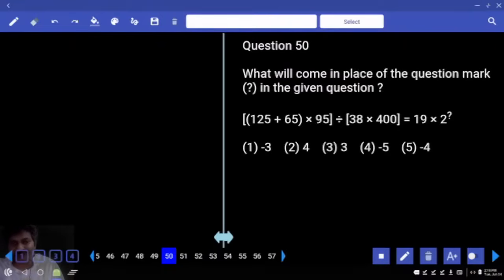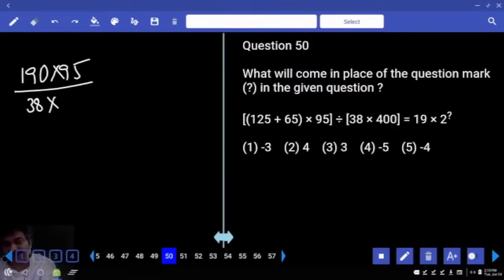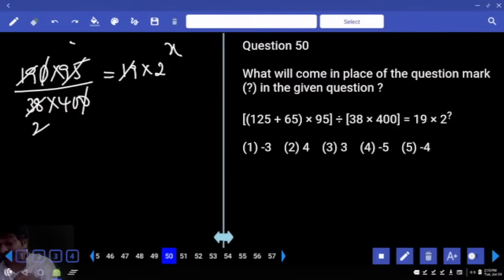125 plus 65. 190 divided by 38 into 400 is equal to 19 into 2 power something. Correct? First of all, 0, 0 cancel. 19, 19 cancel. 38. 19 2 times, 19 5 times, 5 8 times.